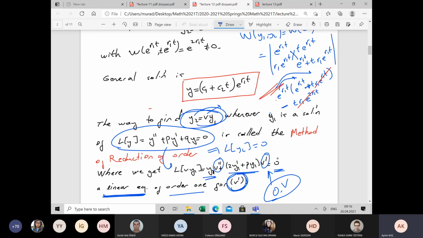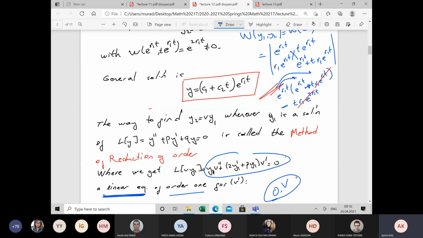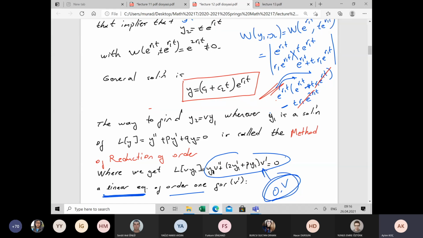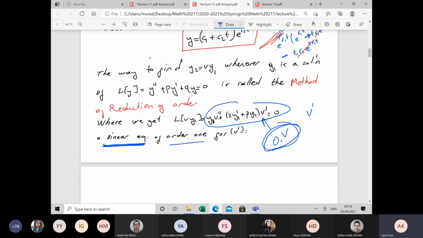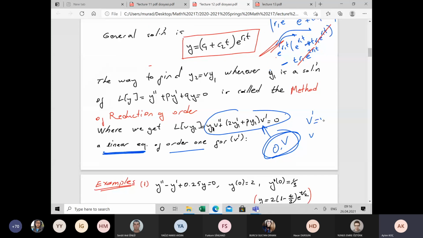But look at this differential equation: the coefficient of v is 0. With the substitution v prime, the order is 1, a linear equation. What is the reason? For example, let v prime be w.